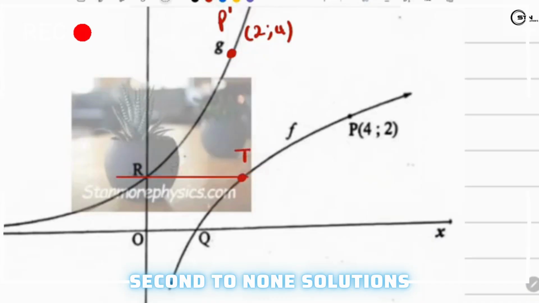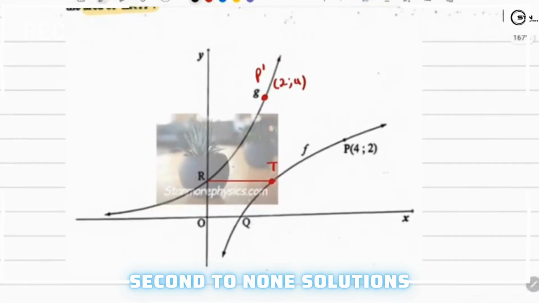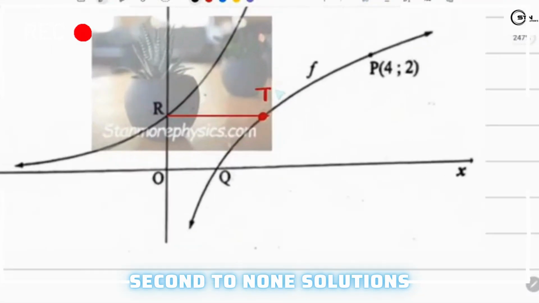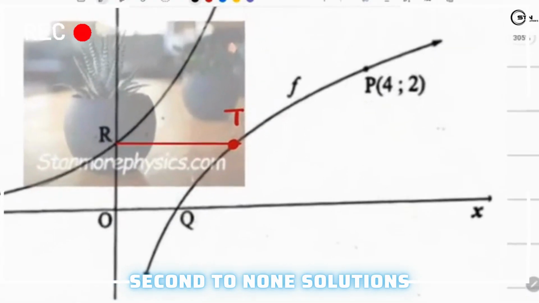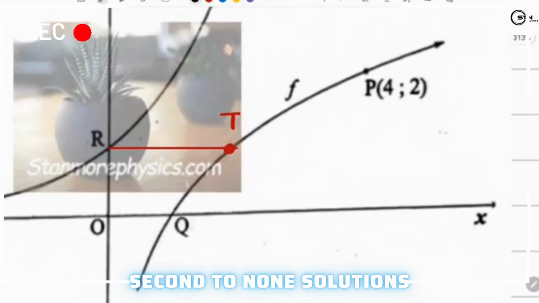Since we have this line already, and we know it's supposed to form a triangle eventually with that point, let's think about what T is going to be. Right now we don't have any other information about T other than the fact that this is parallel to the x-axis. However, if this is parallel to the x-axis, it means it's a perfectly flat line. So it would mean that the y value of R and the y value of T are the exact same thing. See?